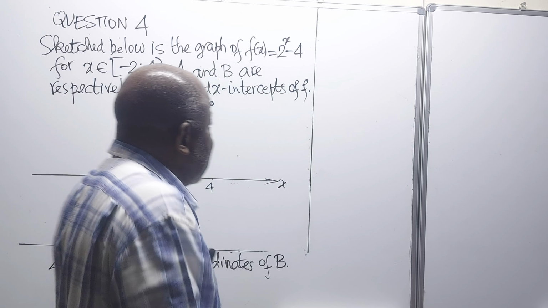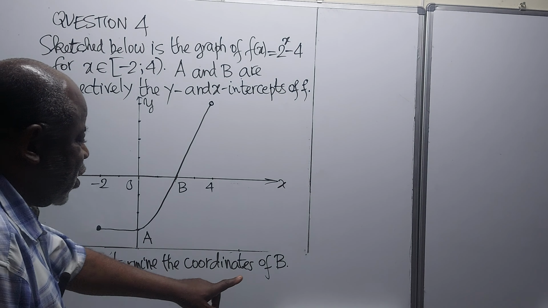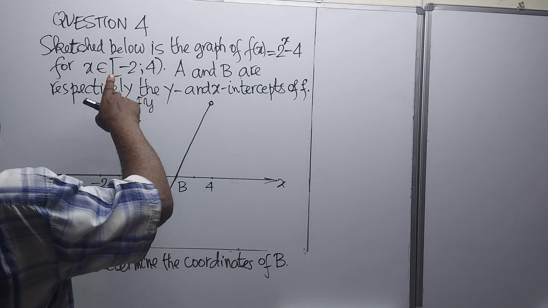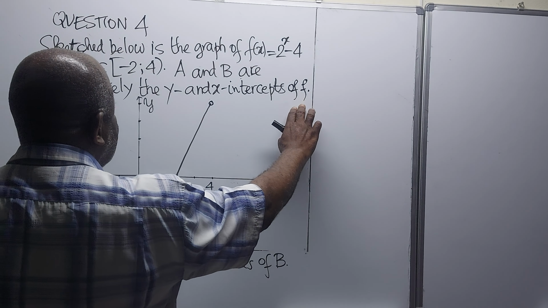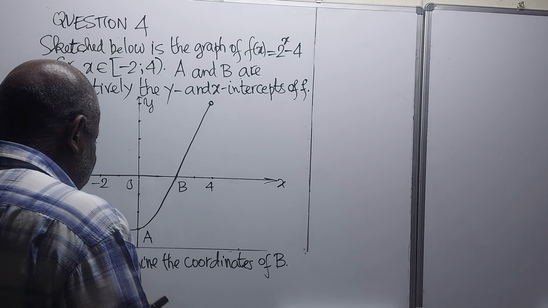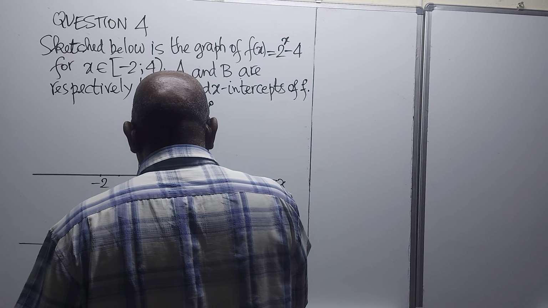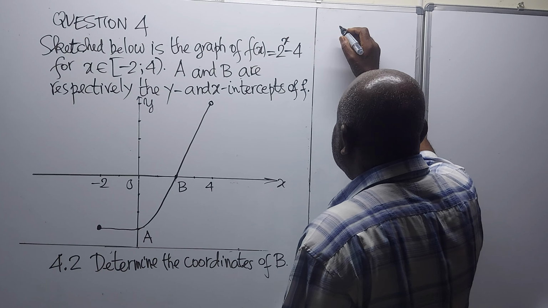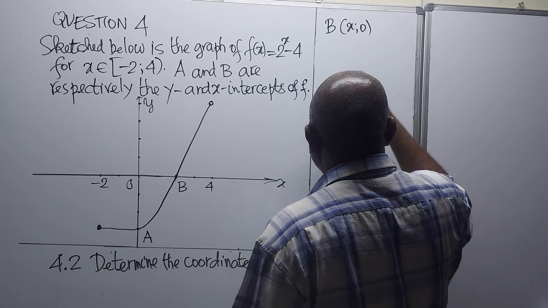All right, so we're going to the next question, 4.2: determine the coordinate of B. As you can see, they said A and B are respectively the y- and x-intercepts of the function. So B is on the x-axis. The coordinate of B will be (x, 0).